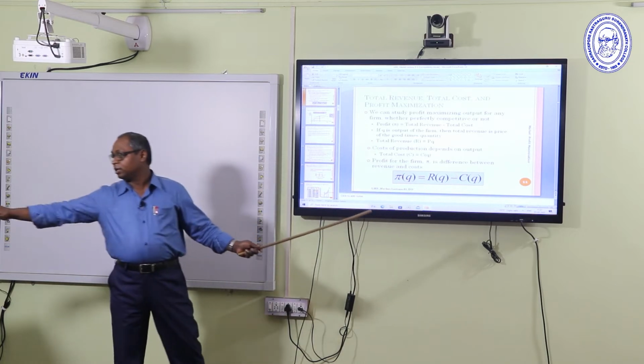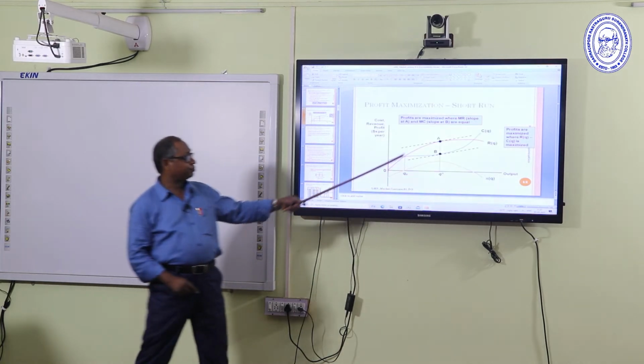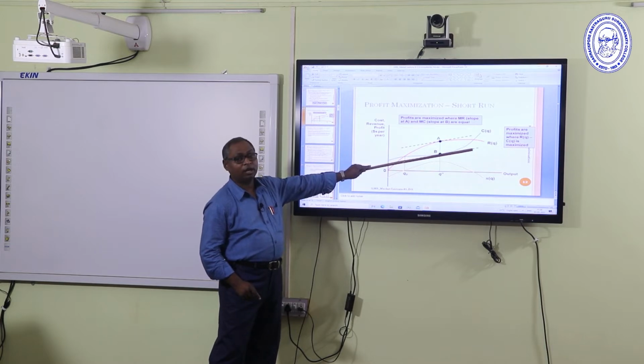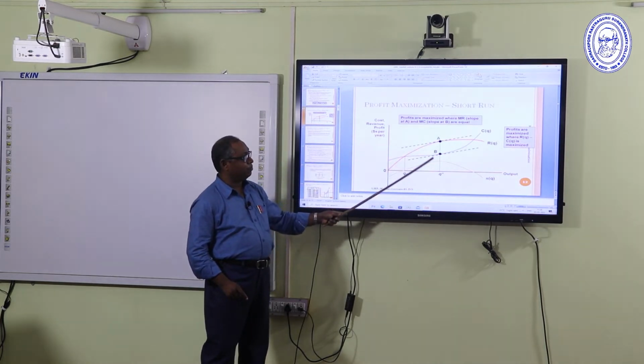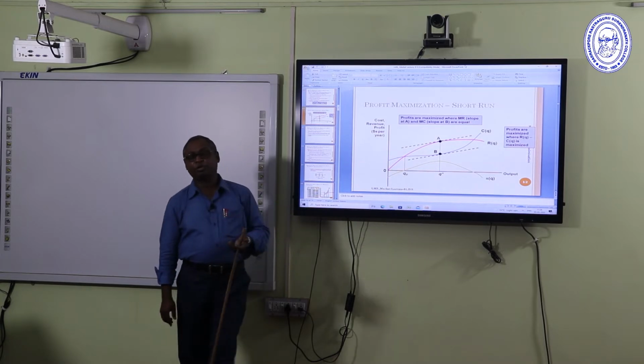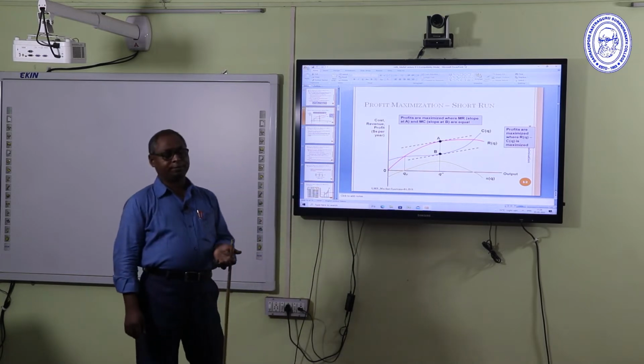And hence the slope of the total revenue function and the slope of the total cost function are the same. So the gap between the two is maximum, and here profit is maximum. So at Q star, the gap between the two is maximum, so profit is maximum.